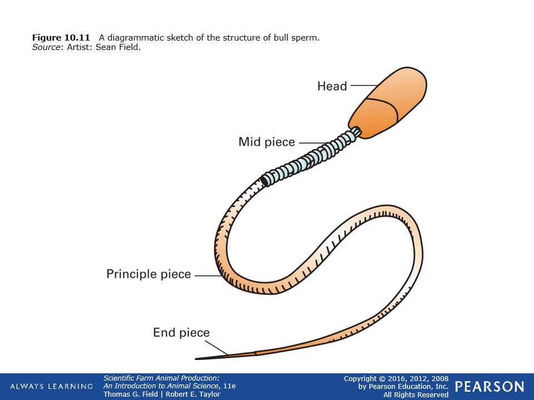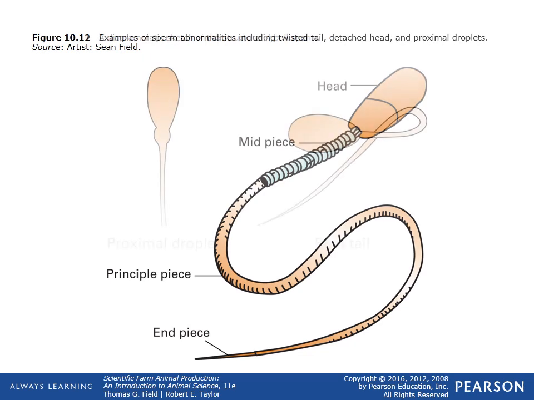If we do something to sperm and mess up the tail or sever the tail from the head, we can obviously have either a sterile animal or a system that does not result in healthy sperm being deposited into an animal, and you're going to have a lack of pregnancies that way.